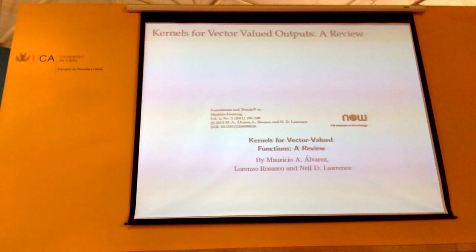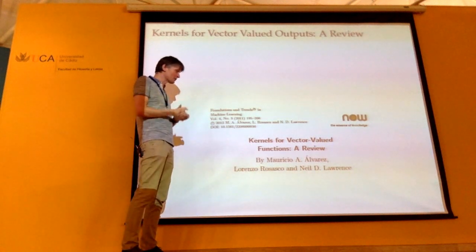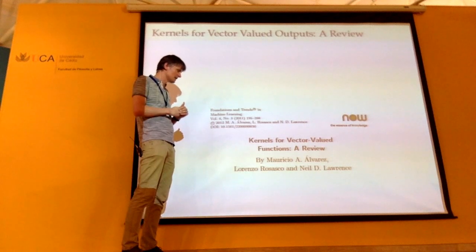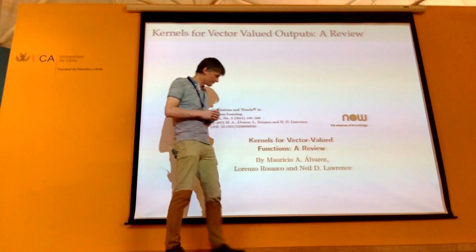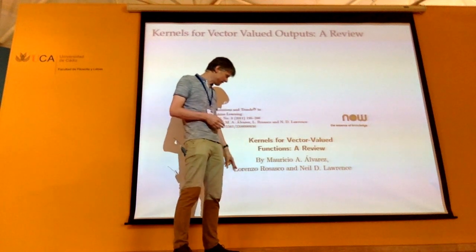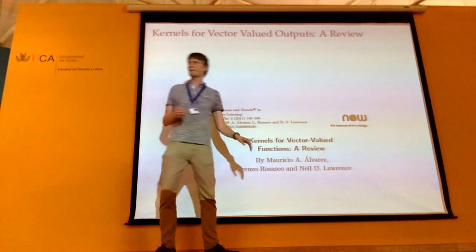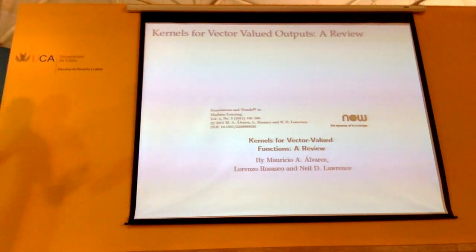And the reason I like that is because it allows us to introduce something which I think is a very exciting thing about Gaussian processes and also kernel methods. So we wrote this paper, Kernels for Vector-Valued Functions: A Review. This was my ex-student, he's an assistant professor now, Mauricio Alvarez, and Lorenzo Rosasco, who works on the kernel methods side, and myself. We wrote this long paper about covariance structures like this.